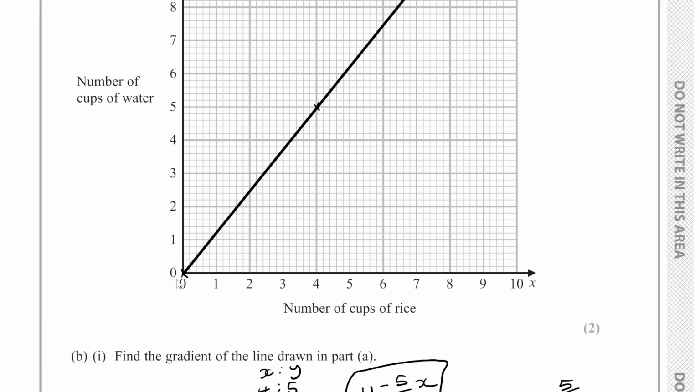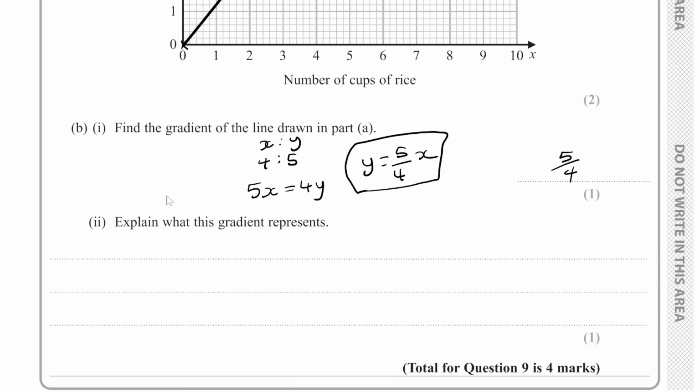In this case, every 1 you go across is a cup of rice. So for every cup of rice, it's how many cups of water you need. So it's how many cups of water for each cup of rice.